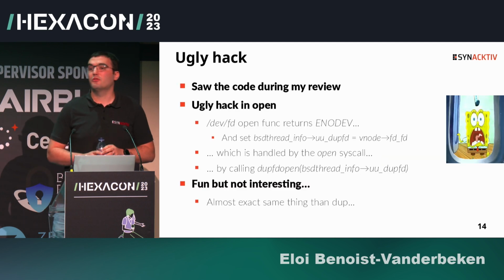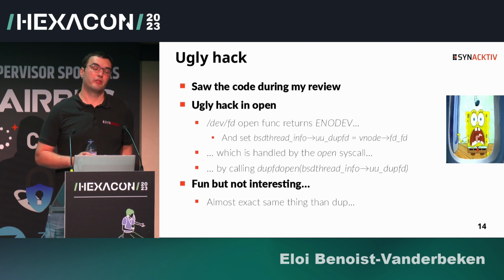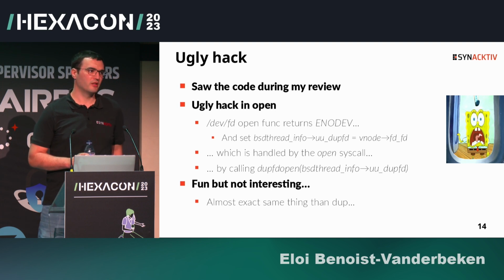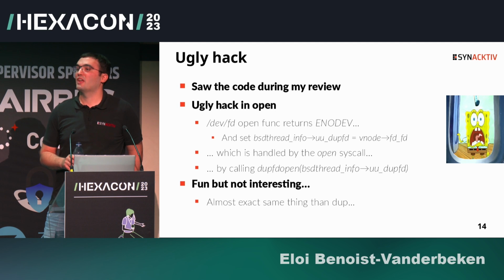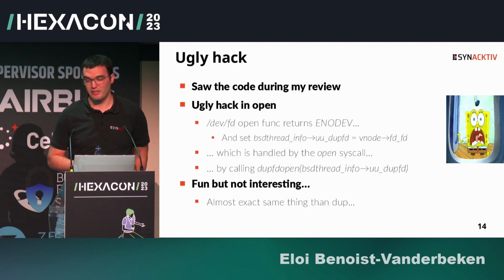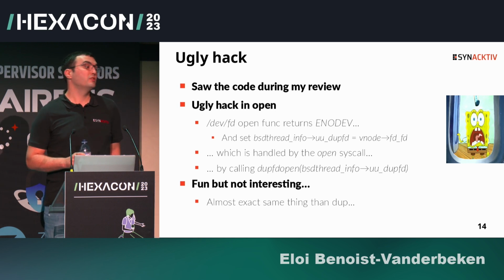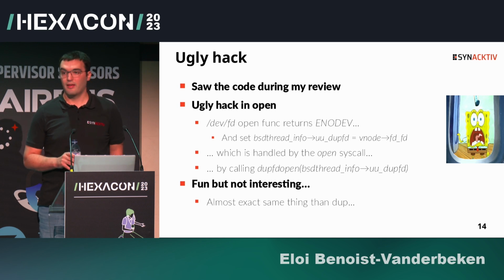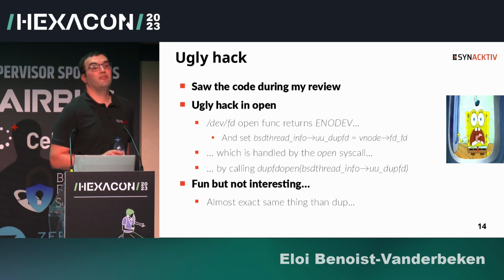I had actually already seen the code during my first review, and I thought that there wasn't a lot to exploit in it, because there is an ugly hack in open. When you open a devfd path, you don't get a devfd vnode.